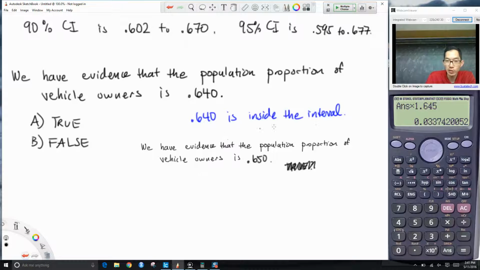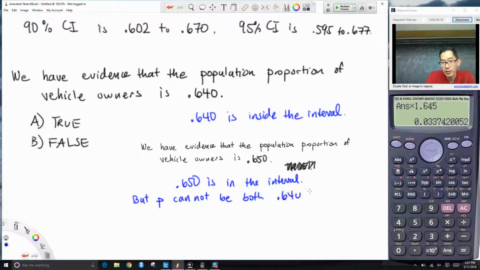So 0.640 is inside the interval, and we can say 0.650 is in the interval, but they both can't be true. P cannot be both 0.640 and 0.650 at the same time.